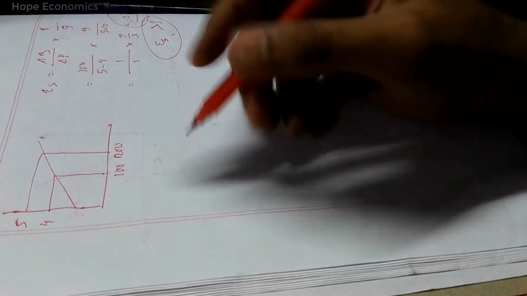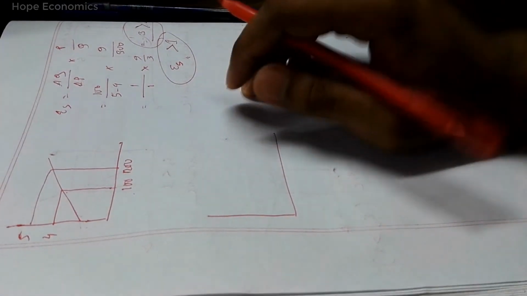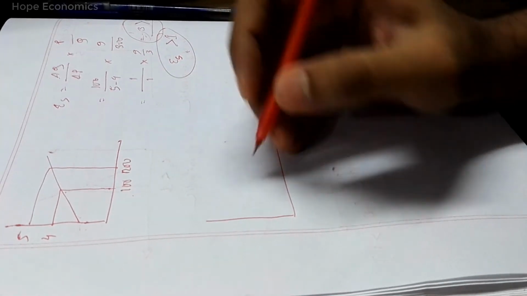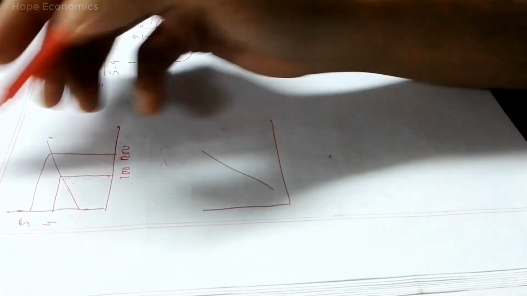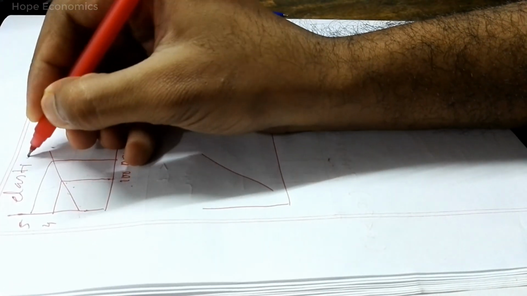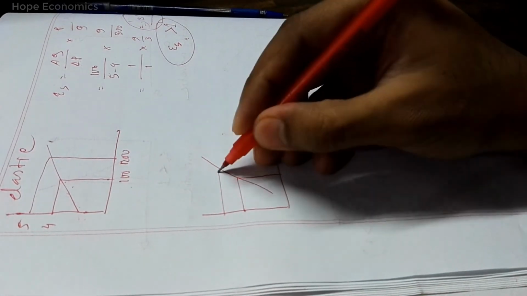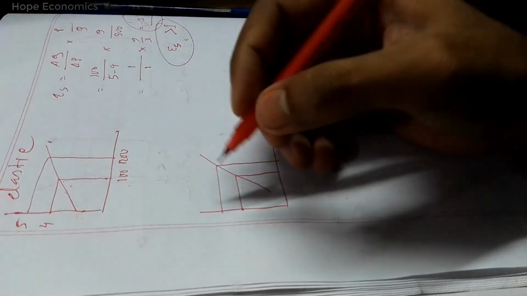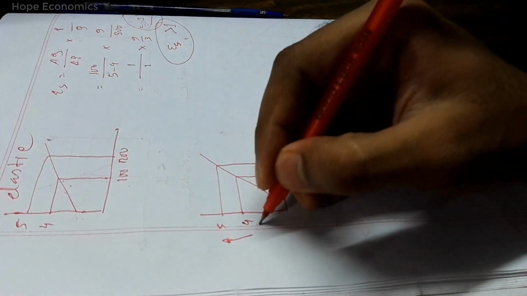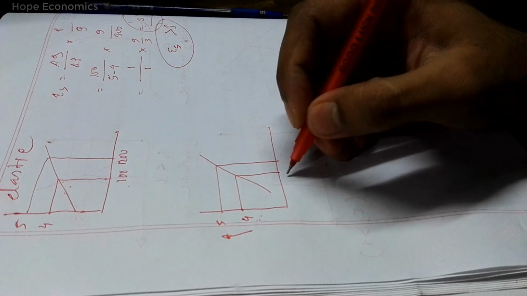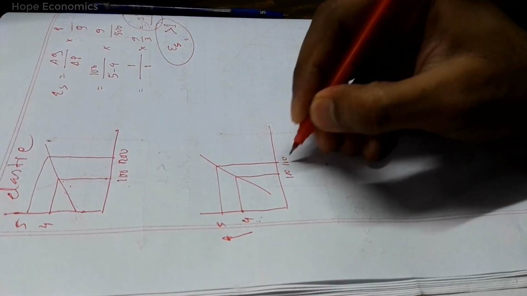So let's consider another supply curve. Let's assume the price again goes from 4 to 5, and the quantity supplied increases from 100 to 110.